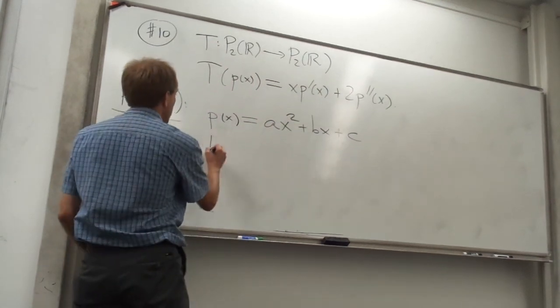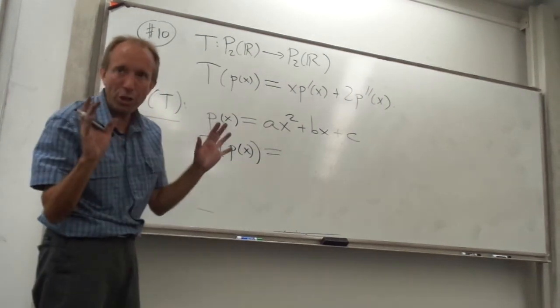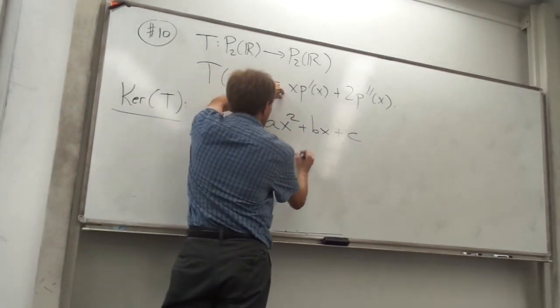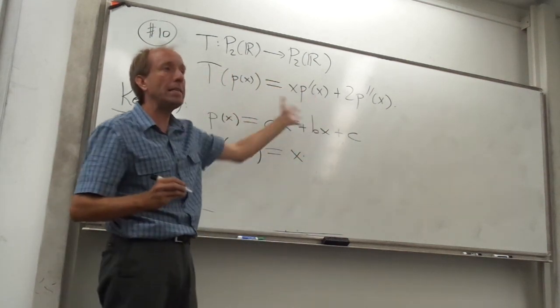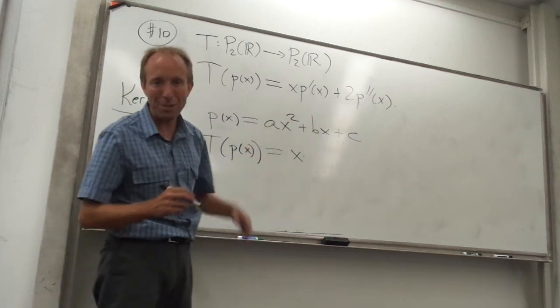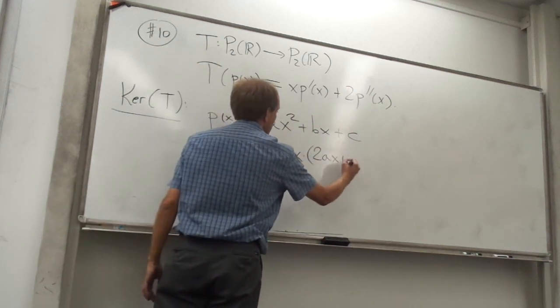Because now I can say, all right, so T of P of x, I'm not finding the kernel yet, I'm just trying to rewrite my expression. So what is it? It's x times the derivative of P of x. See, now I have something I can actually differentiate. So what would be the derivative of ax squared plus bx plus c? 2ax plus b. Excellent.